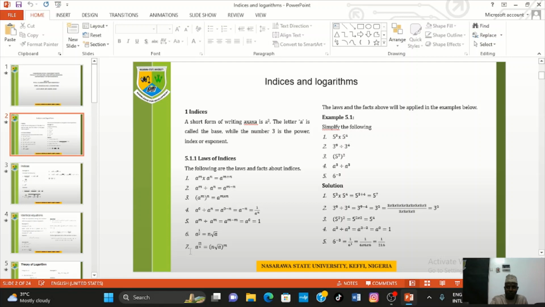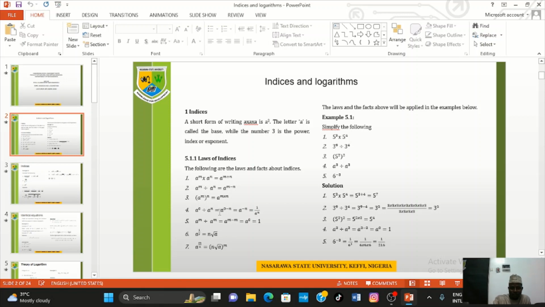Then 7: a raised to the power of m over n. This can be transformed to the nth root of a, all to the power of m.